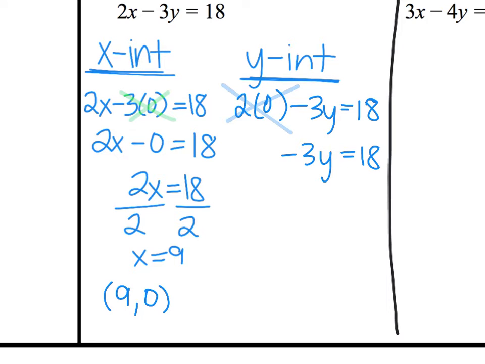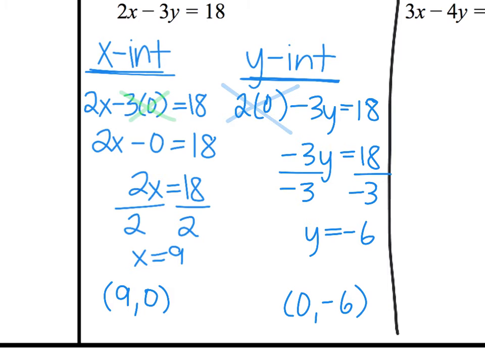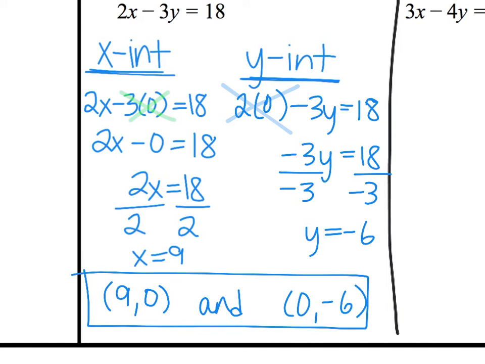How do I get rid of that negative 3? Divide. If this confuses you, you could put the 0 there. Since you know that multiplies to 0, you could leave it, but you don't have to. So divide by negative 3, and you get y equals negative 6. And you write that as a point, 0, comma, negative 6. So these are your two answers.